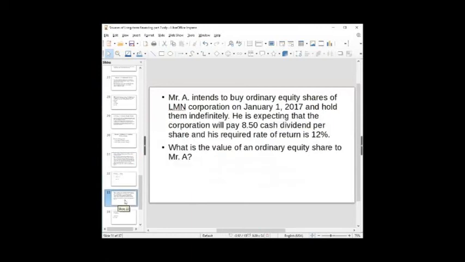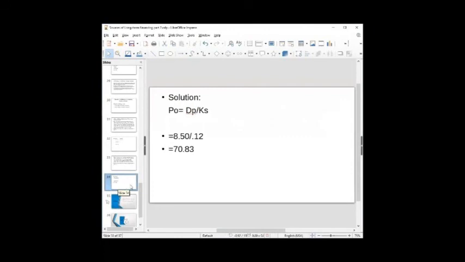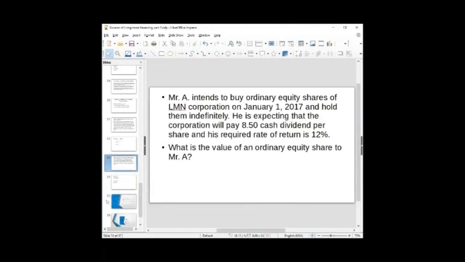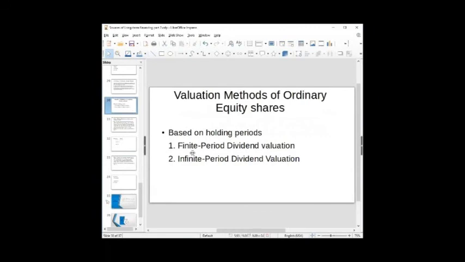So you simply divide the dividend by the rate. 8.50 divided by 0.12, that is 12%, and that is 70.83 as the value under the infinite period dividend valuation.